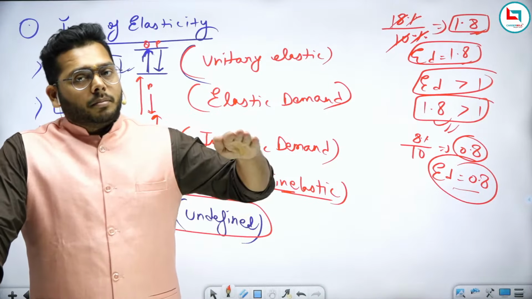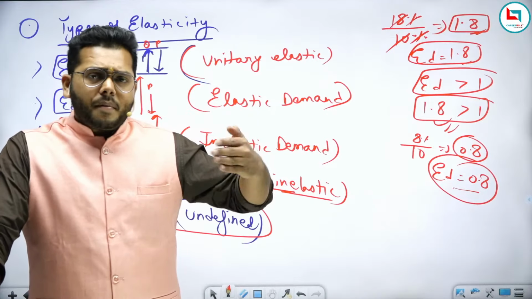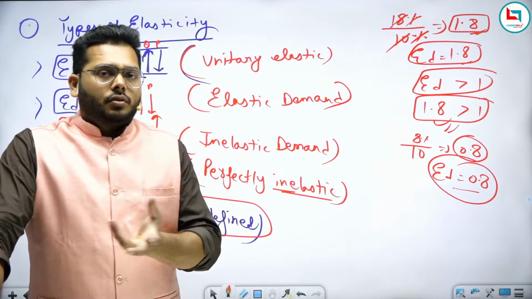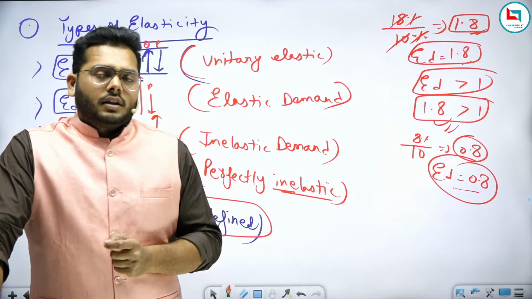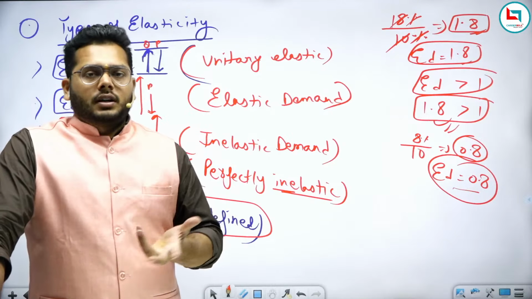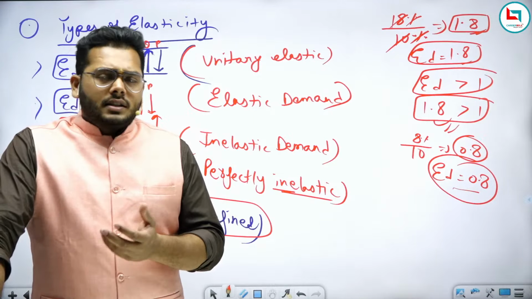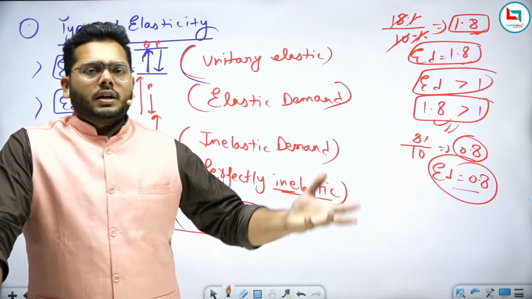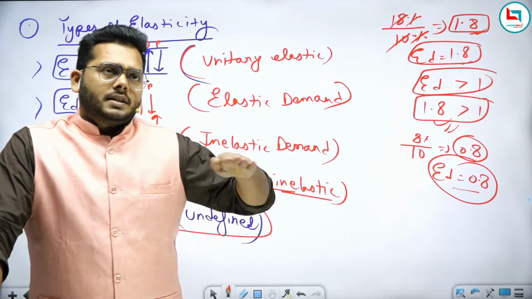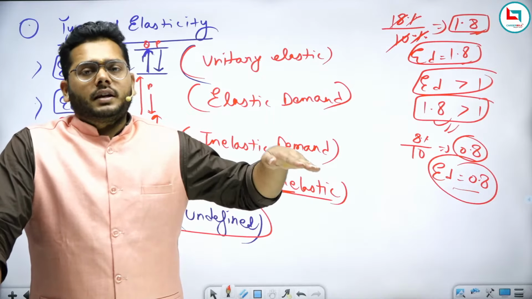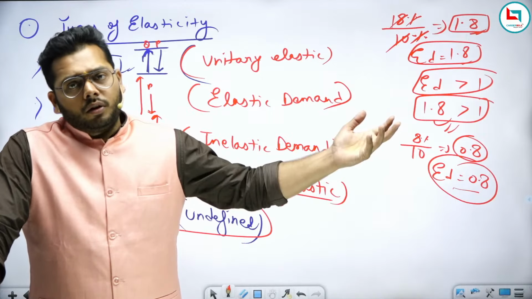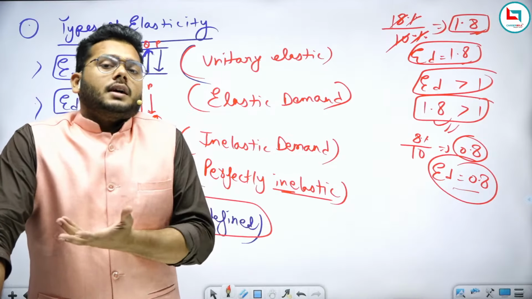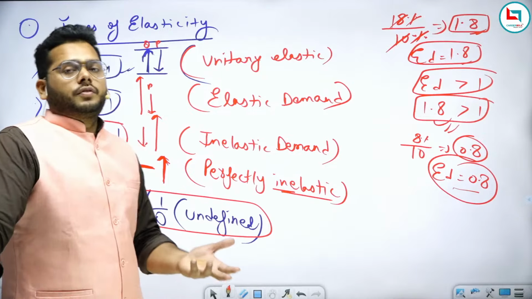As if you have a marriage in your house, is there any possibility that you will buy more or less depending on whether the price of any good is high or low? No. At the same price, you will buy more or you will buy less. So this is what your demand is undefined at the same point of time, same price.